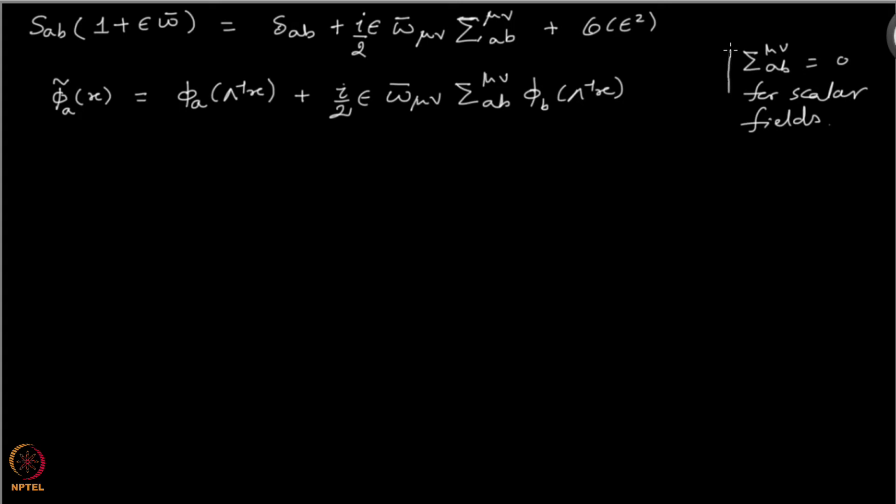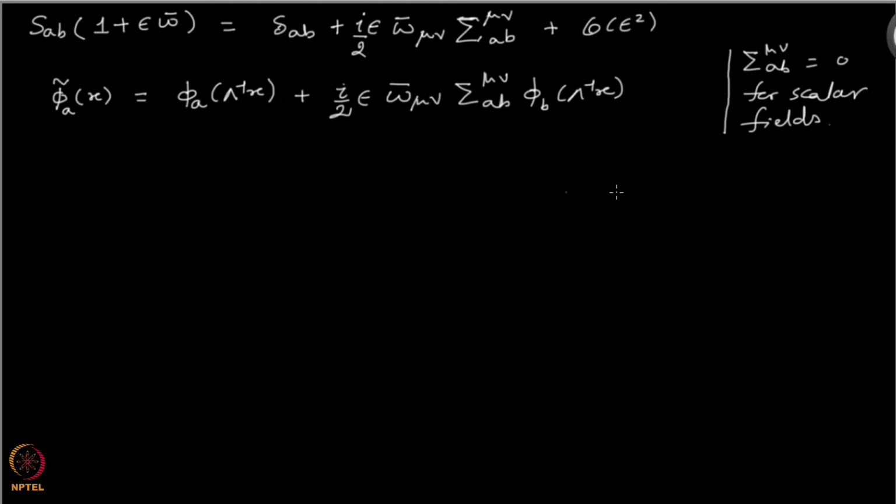But here I have lambda inverse x, not lambda x. So, I should find out what lambda inverse is and put in here so that I expand phi b, because I have to expand around x.